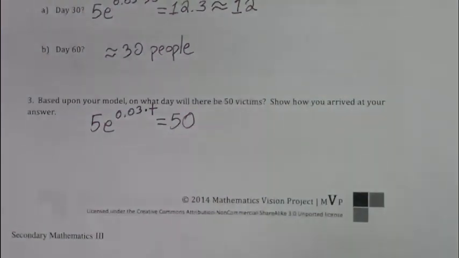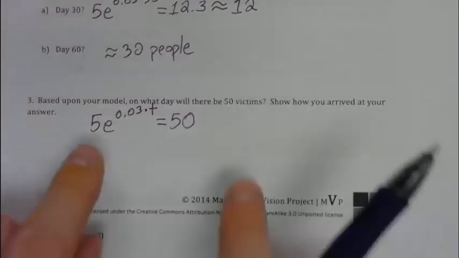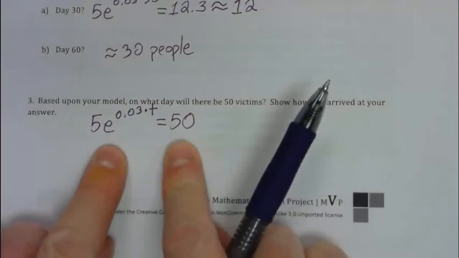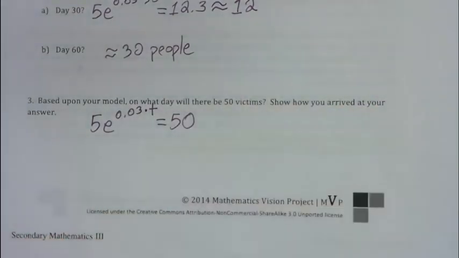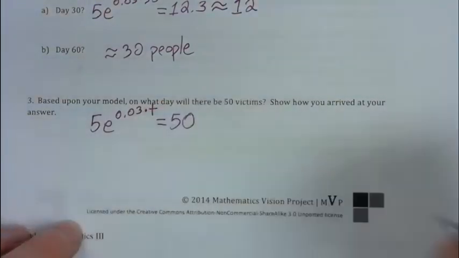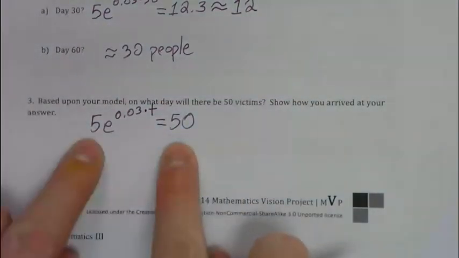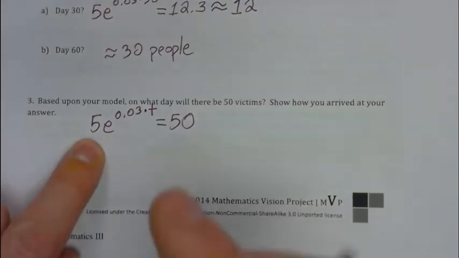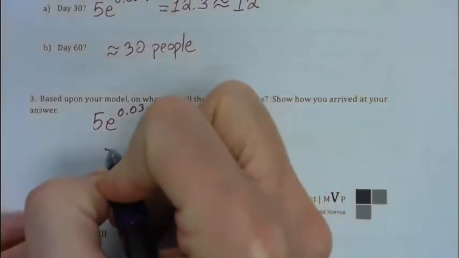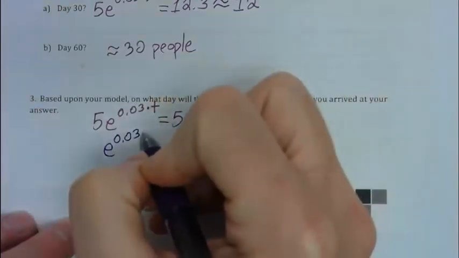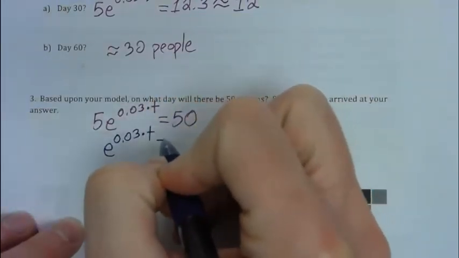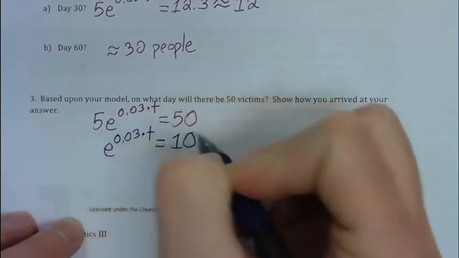Now if you are trying to solve this for t, one way you can do this is by graphing, and you could use Desmos or your graphing calculator to see when 50 would be equal to the left side of the equation. But we're going to do some solving equations instead. So if I divide both sides by 5, 5 divided by 5 is 1, 50 divided by 5 is 10. So I would have e to the power of 0.03 times t is equal to 10.